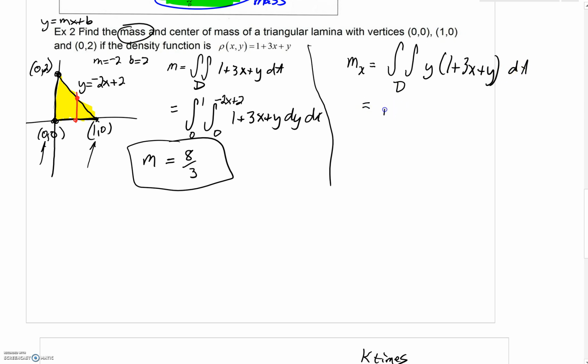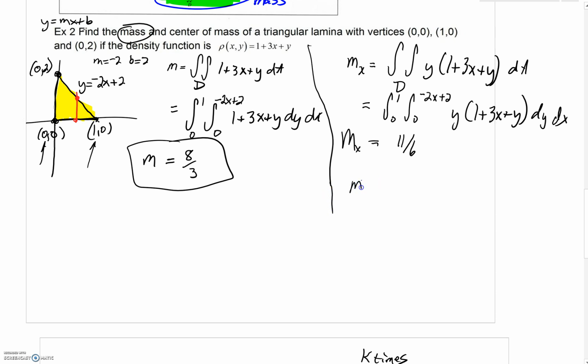But this integral can be worked out as a type 1 integral, just as we had done previously. And like we just did, we most certainly may use the TI-89 to speed this up. I've already worked it out. You can quickly confirm that the moment about the x-axis would be 11 over 6.